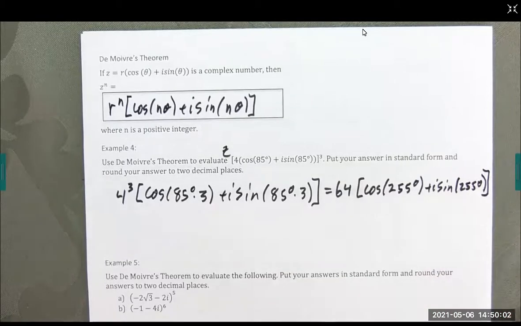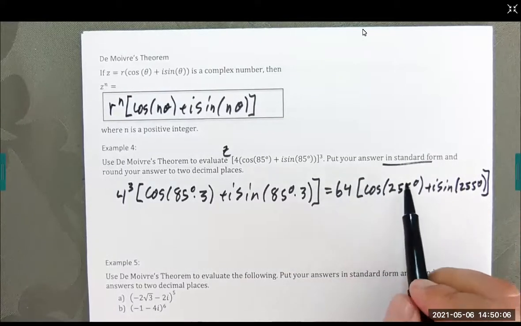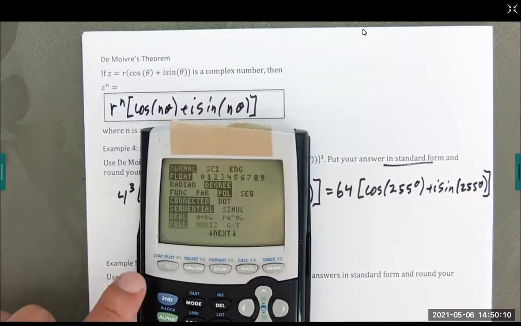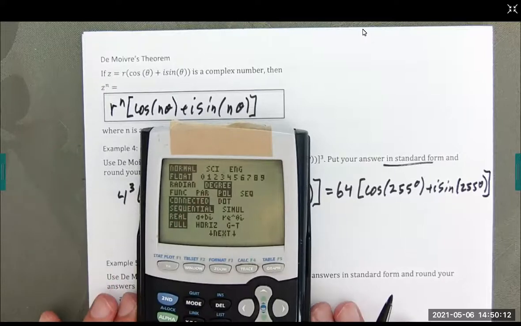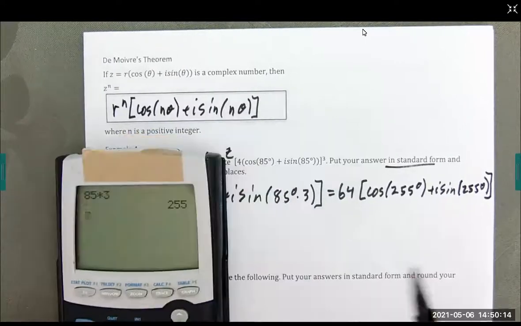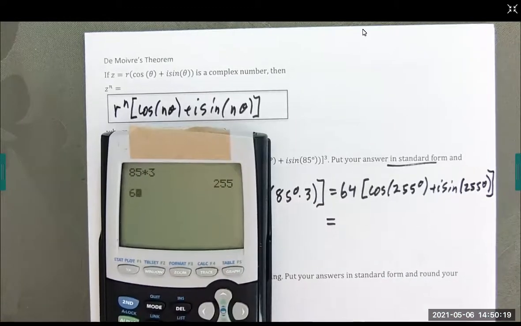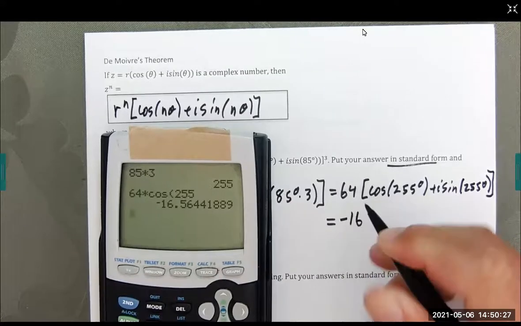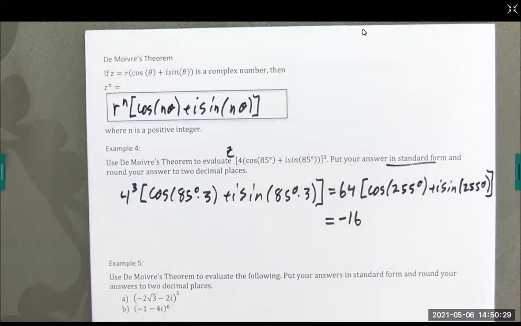And they ask us to put it into standard form. So I'm going to distribute the 64 and do cosine of 255 degrees. Now I need to make sure that I am in degree mode before I do this, which I am. So this becomes 64 times cosine of 255 degrees. I believe it says to round it to 2 decimal places. It does.